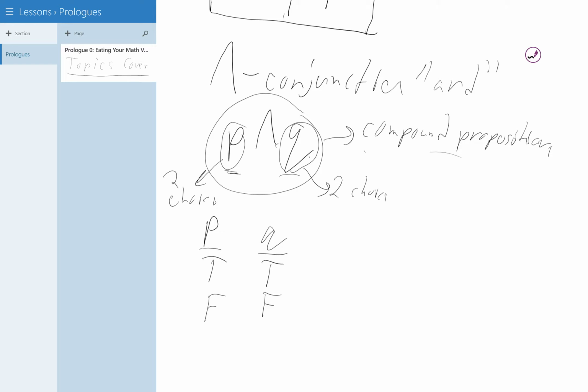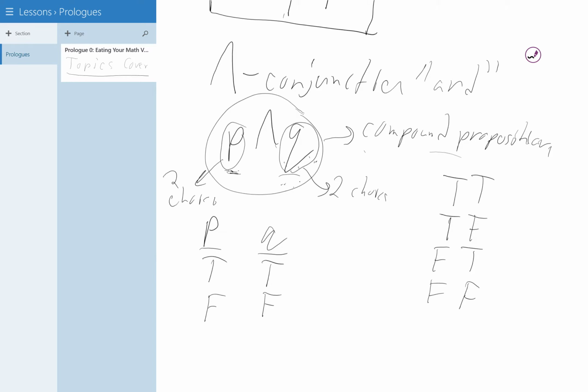That means there's a total of 4 different combinations, right? Because you pick one of these, then it gets 2 options. Then you pick the other value, and there are still 2 more options. If you count all those different options, you have 4 different options, right? You have true, true, they can both be true. P can be true, Q can be false. P can be false, Q can be true, or they could both be false, right?